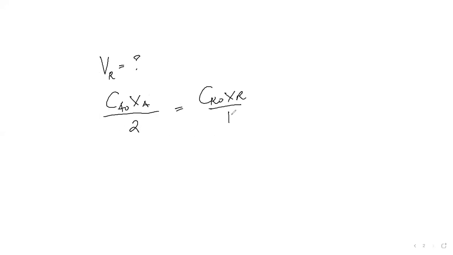This 2 and 1 came from the chemical reaction. If you substitute for the volume of A, you can write 0.80 V sub O, because we did not start with 100% A, divided by 2, and this would be your V sub R divided by 1. So your V sub R is equal to 0.4 V sub O.